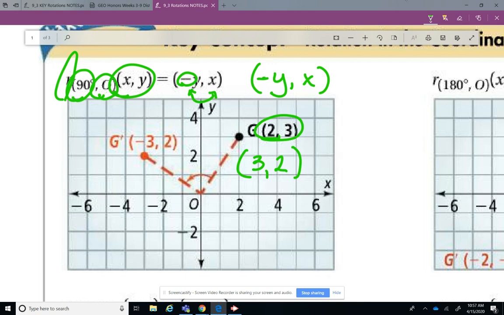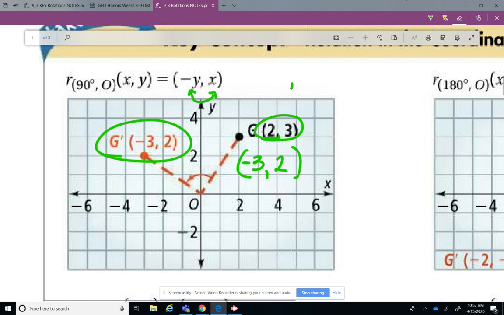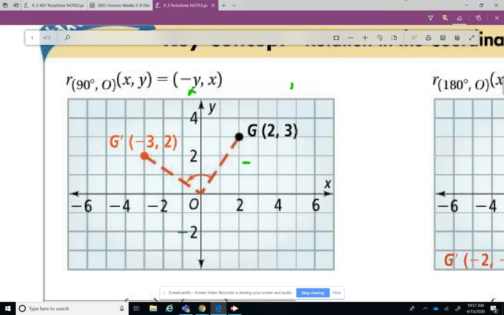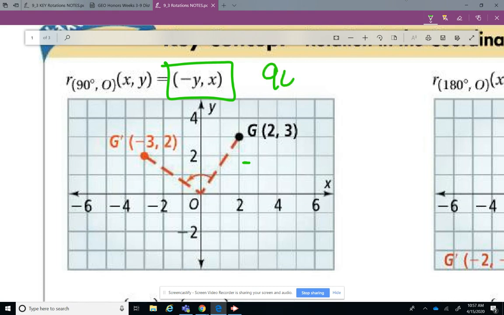Now make the first number, which is now your X coordinate, a negative. Isn't that the same number right there? Isn't that negative 3, 2? So this is a rule that we're going to use right here. We're going to want to remember this. You're going to want to memorize this. If I'm going to rotate 90 degrees, that's what I'm going to do.